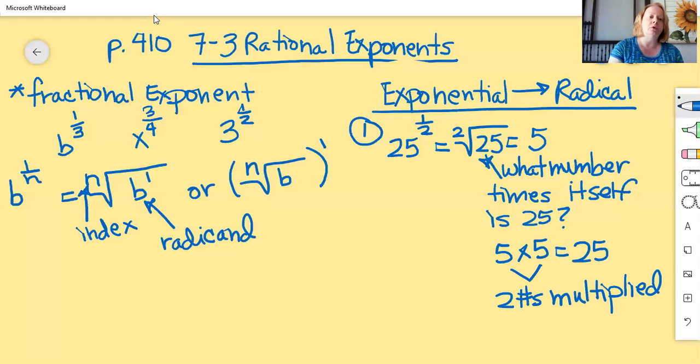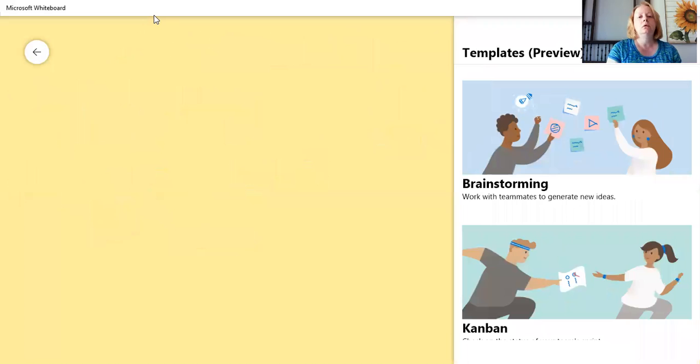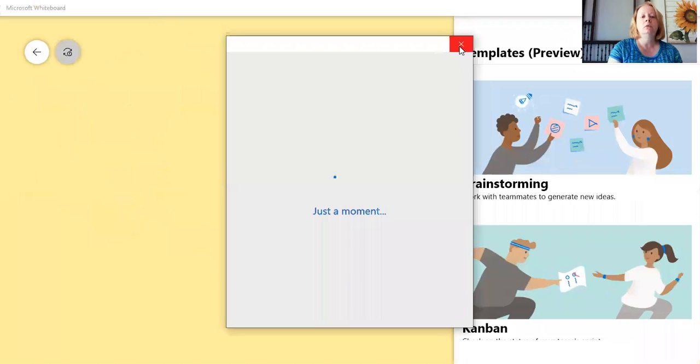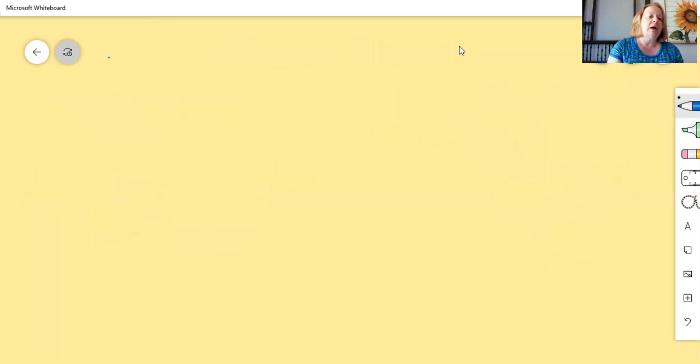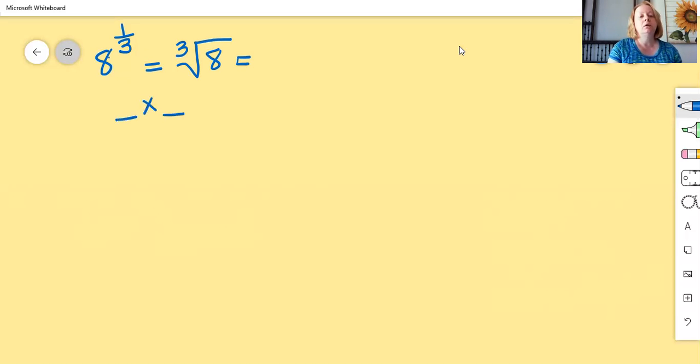I'm going to start a new board. So let's look at 8 to the 1/3 power. So that means we want the cube root of 8. Okay, so let's think about it. What number times itself 3 times? So we have to have 3 multiplications here.